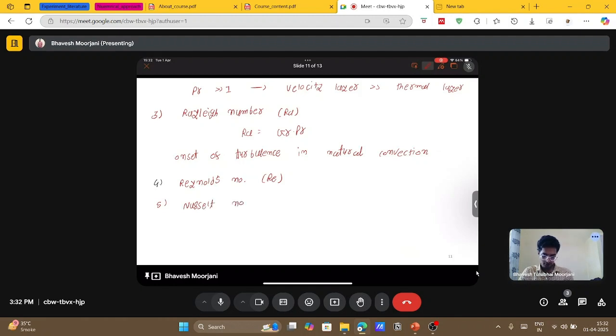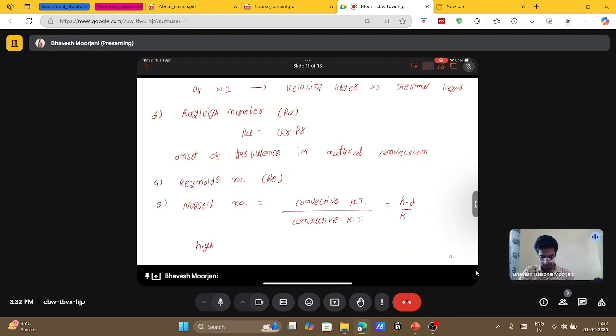Then you have the Nusselt number, which we learned is the ratio of convective heat transfer to conductive heat transfer, right? This helps us determine which will be more dominant.